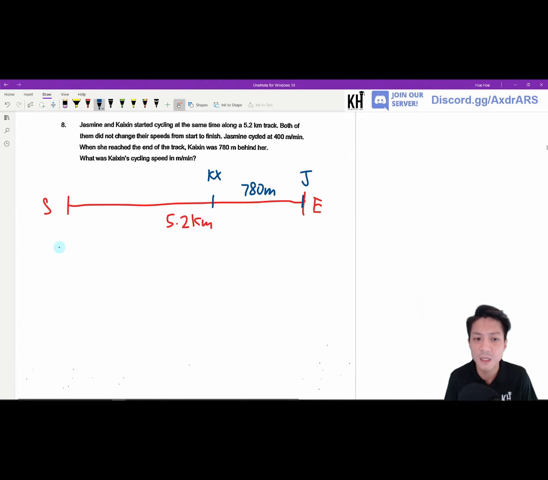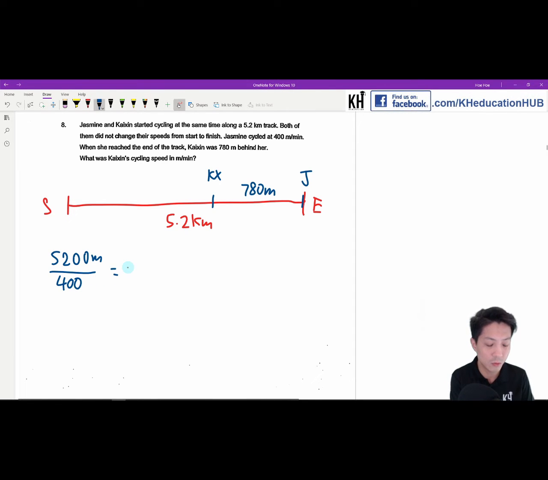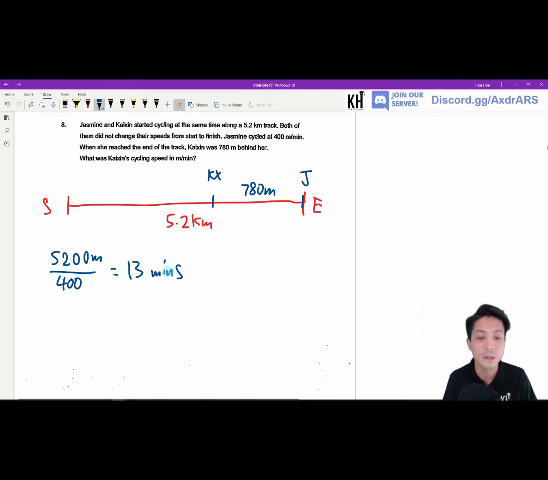So we're going to find the time taken by Jasmine to finish the whole track. 5.2 kilometer is 5,200 meter. Divided by 400 meter per minute is equal to 13 minutes.